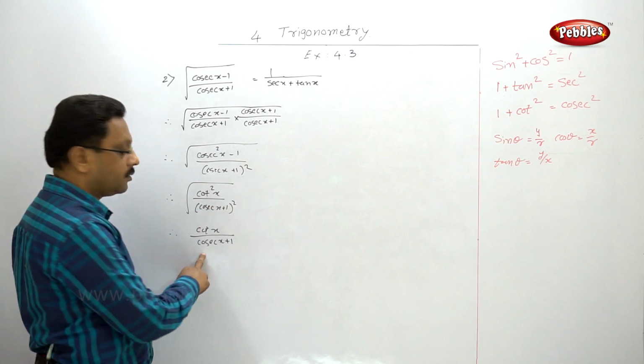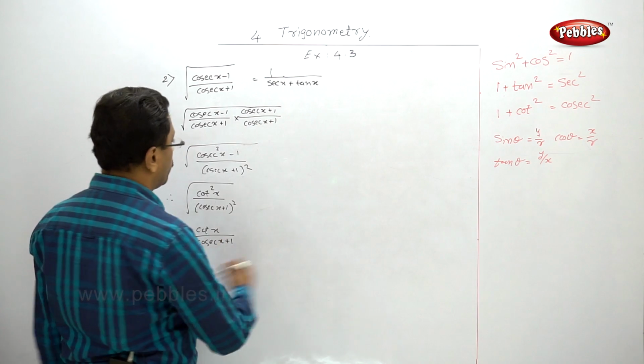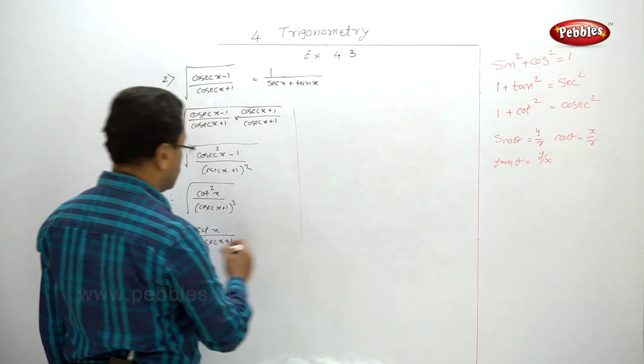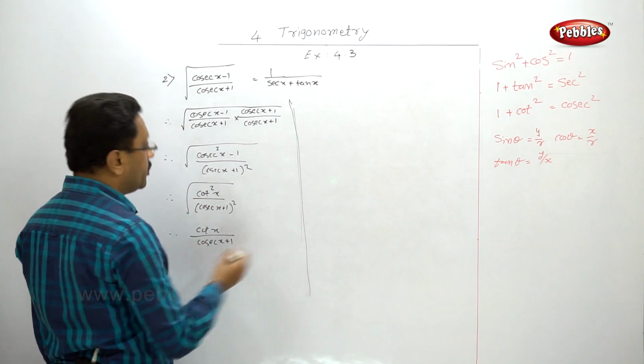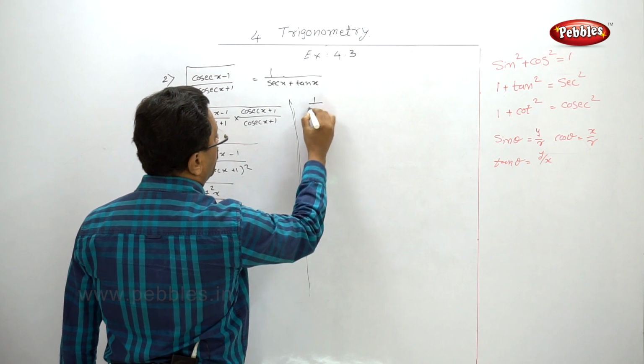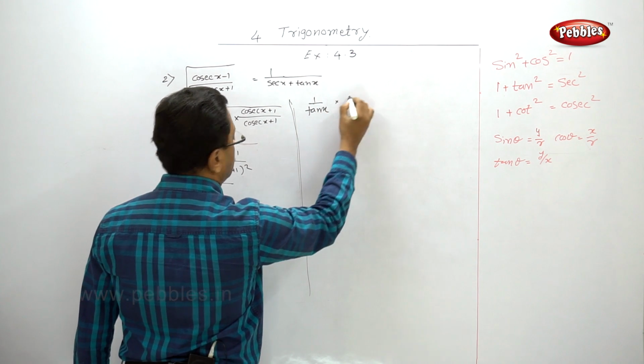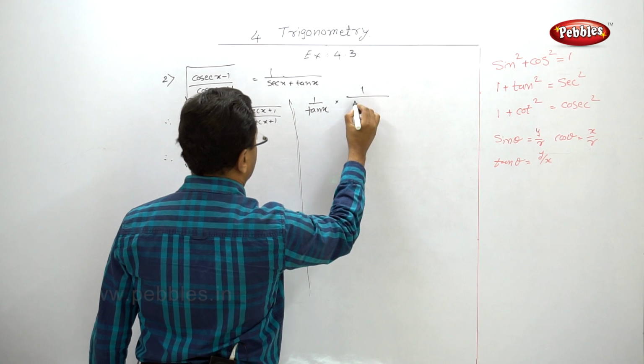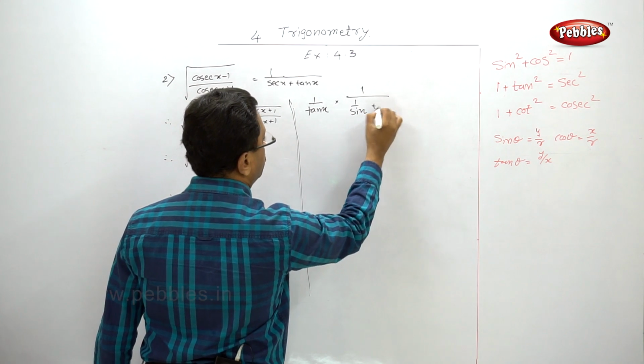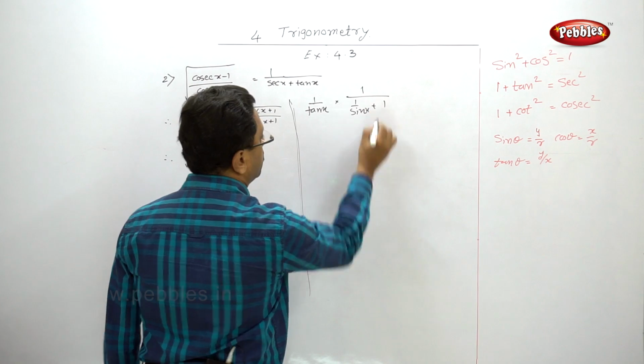Now from here what will I get? cot x is nothing but 1 upon tan x, multiplied by 1 upon sine x plus 1.